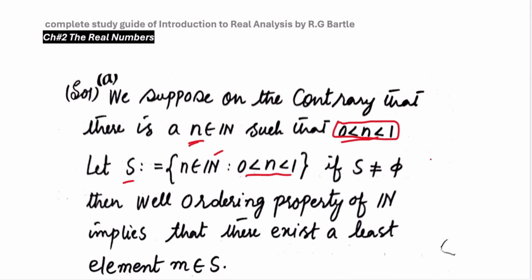If S is non-empty, then by the well-ordering property of N, or well-ordering principle, which says that every non-empty set of positive integers has a least element. So, if S is non-empty and we are assuming that S is a set of all natural numbers that lie between 0 and 1, it means there exists a least element m belonging to S.